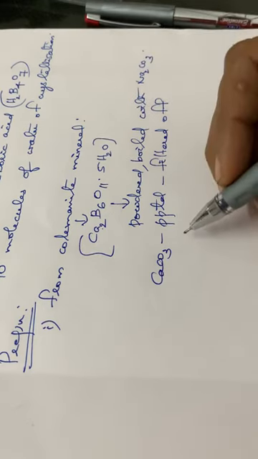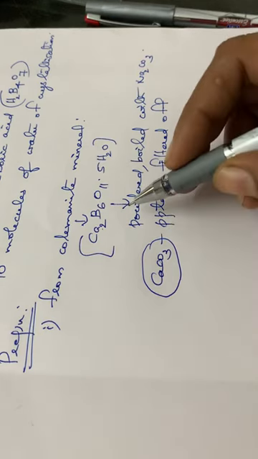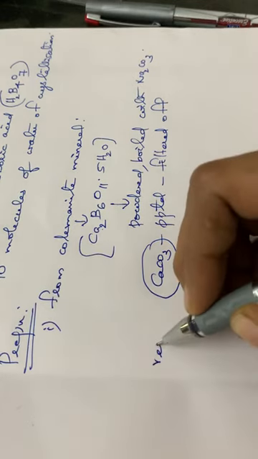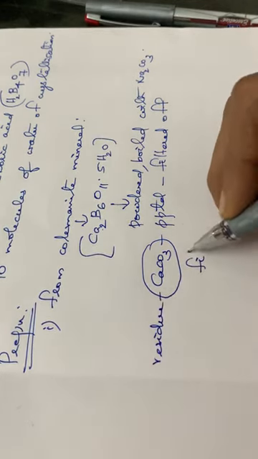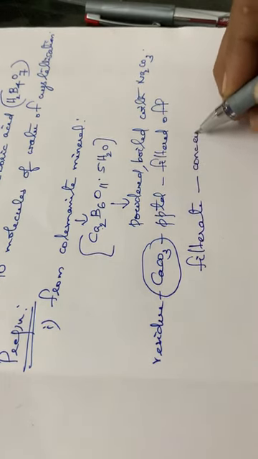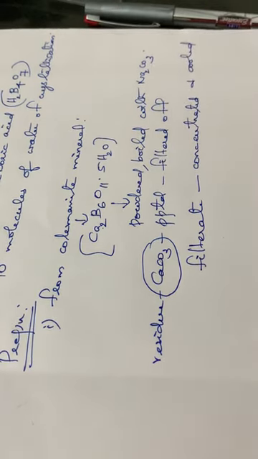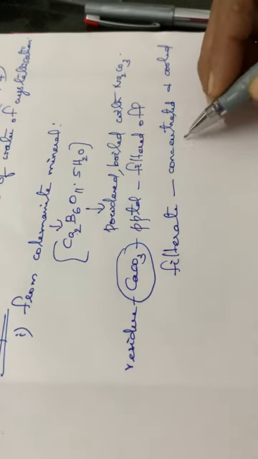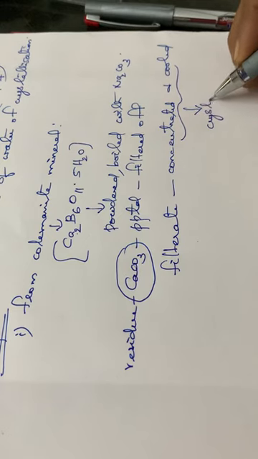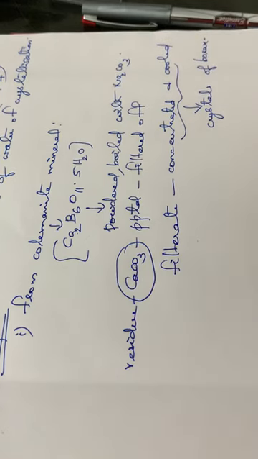The residue will be the calcium carbonate and the filtrate will have the borax. The filtrate is then concentrated and cooled, and we will obtain crystals of borax.